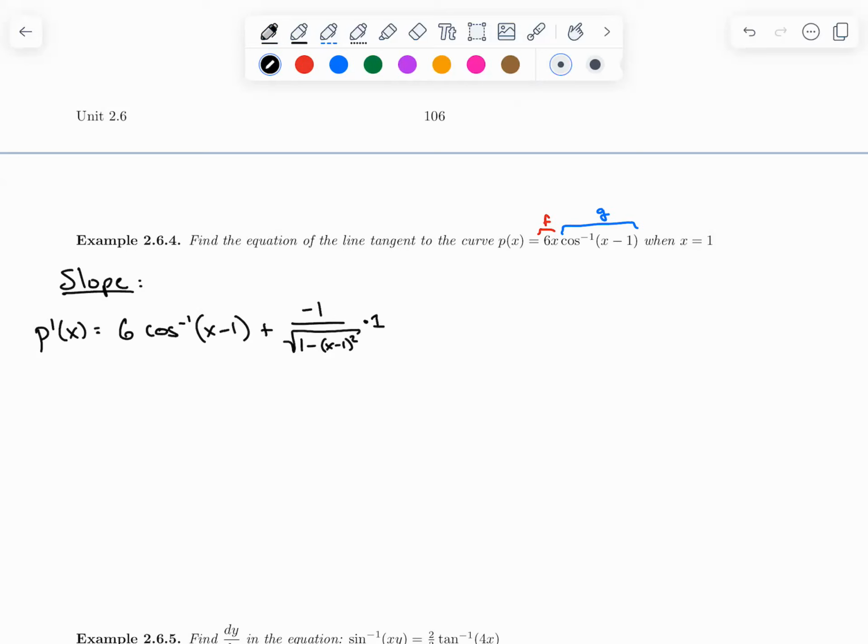I'm writing the times 1. It's not necessary, but I'm writing it to remind us that this is a chain rule. Cosine inverse of x minus 1, you have to do a chain rule, but the derivative of x minus 1 is just 1. So it's unnecessary to write it. And then times 6x.